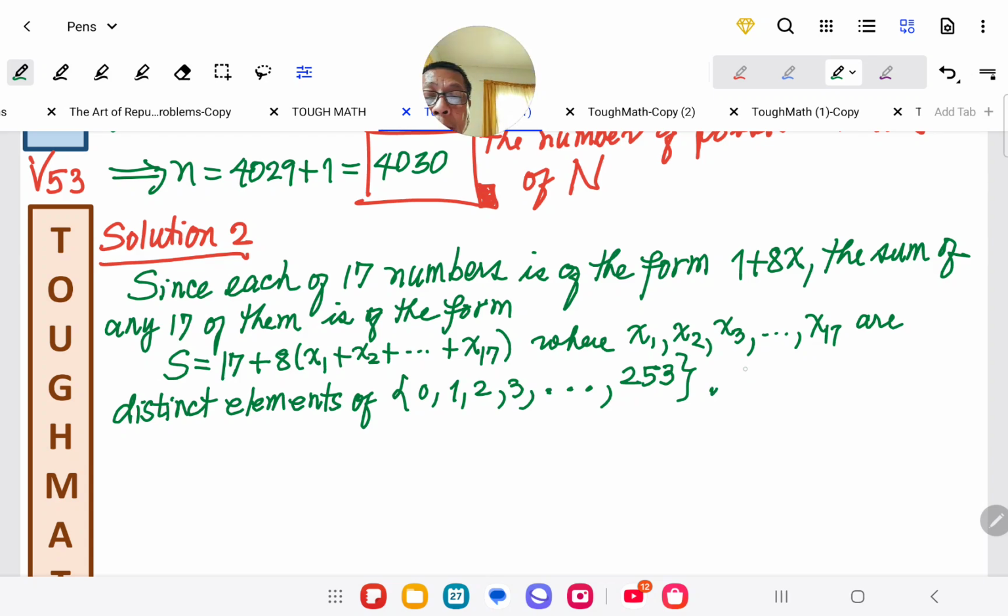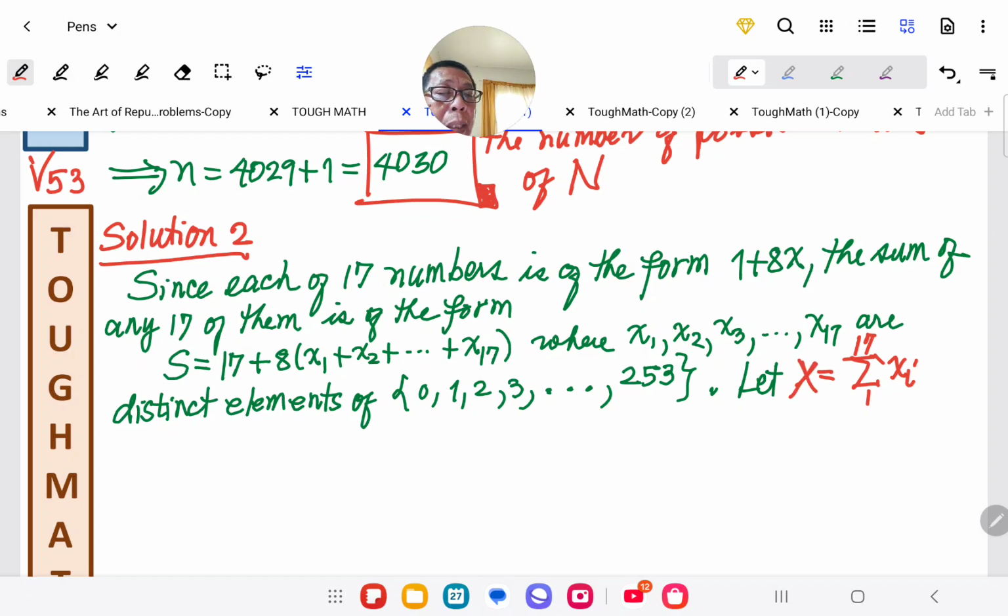Now, let X be equal to the sum of the xi's, i from 1 to 17.